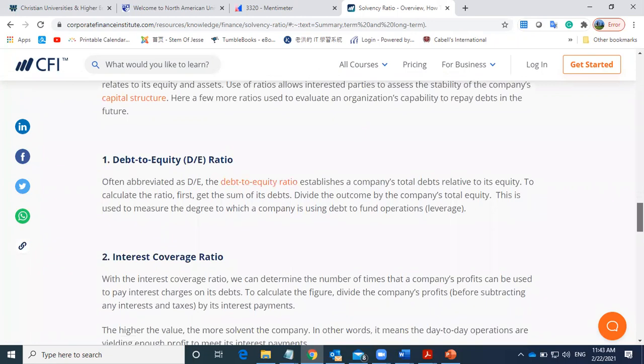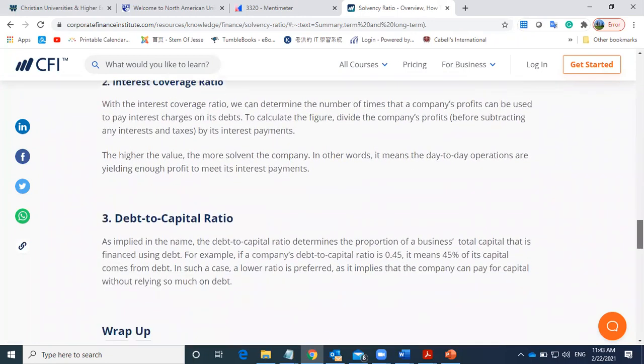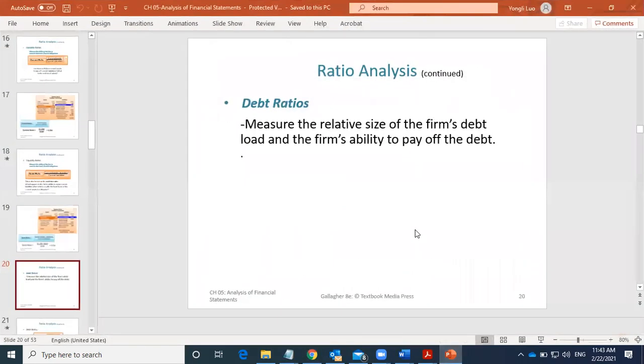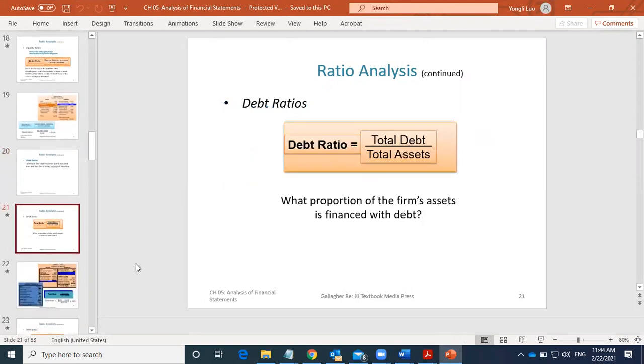These are the debt to equity ratio, interest coverage ratio, and debt to capital ratio. That's what we talk about here. Sometimes we also use the debt ratio, which is for long-term obligations. With the solvency ratio, does the company have the ability to pay off its long-term debt obligation?